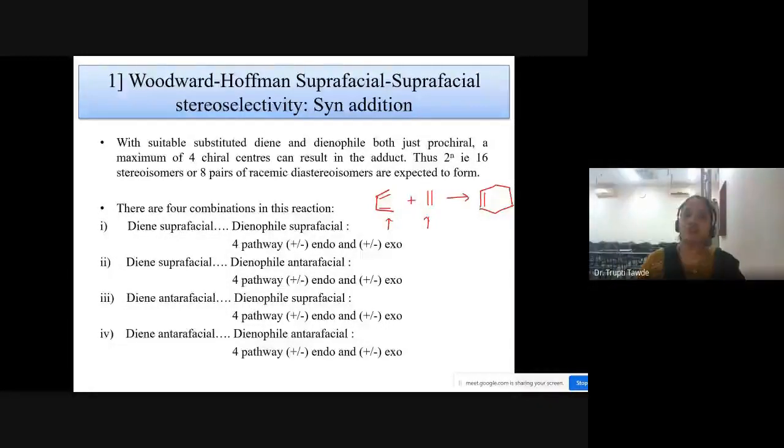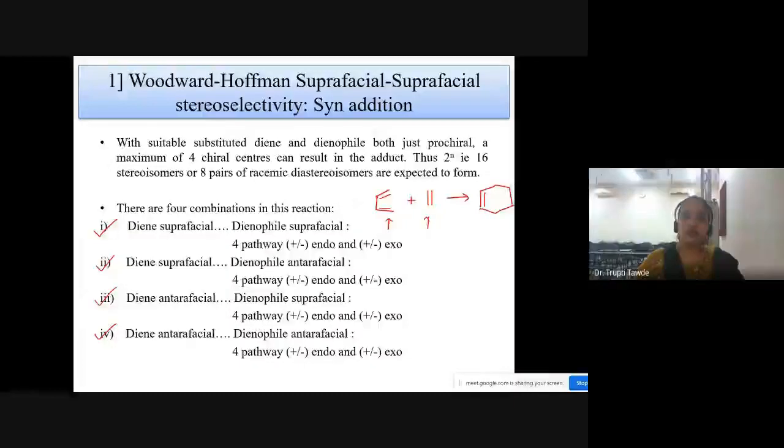You must have studied this in the case of pericyclic reactions. Diene and dienophile both suprafacial, or diene suprafacial and dienophile antarafacial, or diene antarafacial and dienophile suprafacial, or both antarafacial.